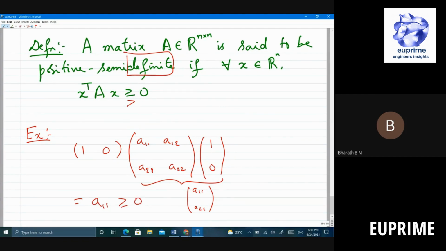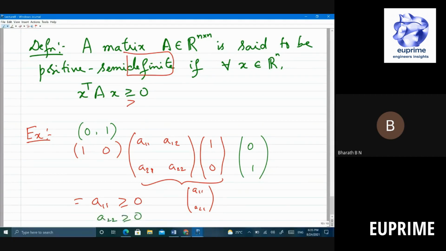Do you agree? So A11 should be greater than or equal to 0. That is one thing. What can you say about A22? If instead I use 0 1, it selects A12 and A22, and then when you multiply, it selects A22. Similarly, A22 is greater than or equal to 0.